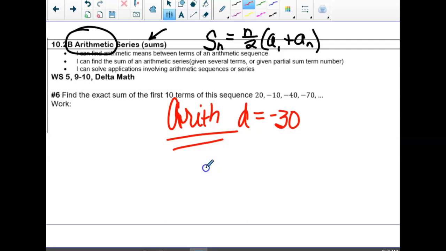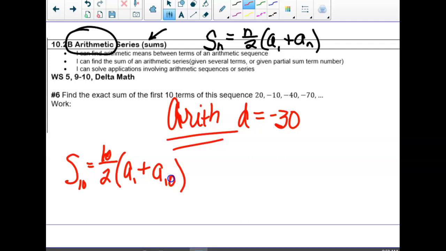All right. But in order to find the sum of the first 10 terms, do you remember how this goes? We have to know what? To find the sum of 10 terms, we do 10 divided by 2 times a sub 1 plus a sub 10. Do we know a sub 10 yet? And you could find it just on your calculator by keep subtracting 30.